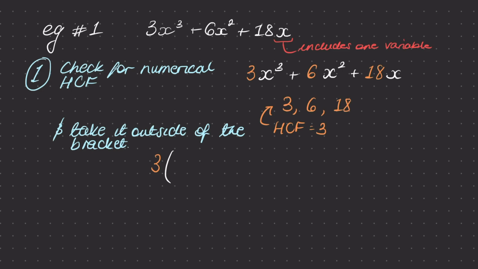So 3 divided by 3 is 1, 6 divided by 3 is 2, and 18 divided by 3 is 6. When we expand that bracket out again, we will be multiplying each term by that 3. Because it is the opposite, we need to divide by that 3.